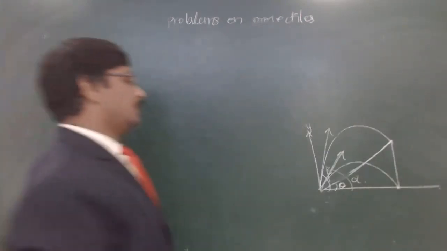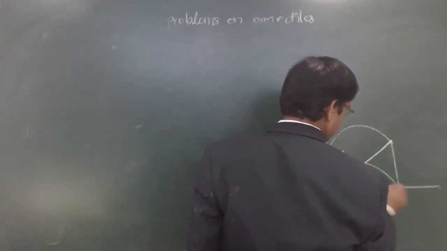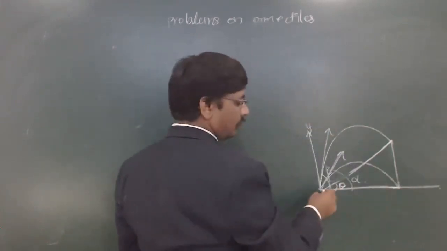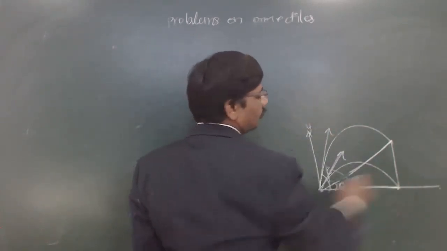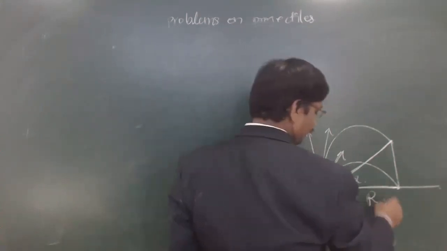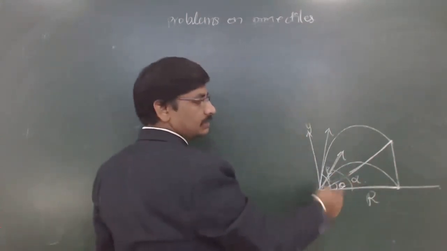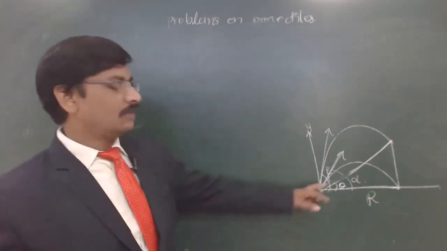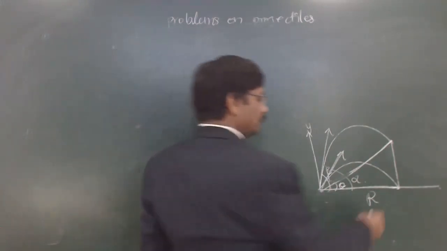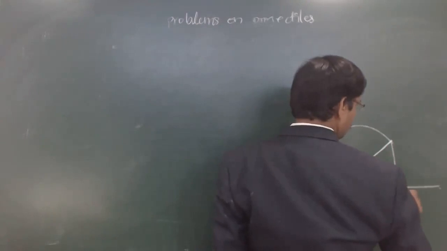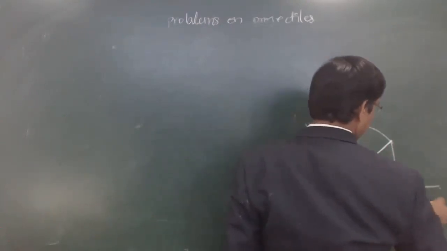So here, let us say this length, which is the distance from the projection to the foot of the tower, is r. Then from the initial projected angle of alpha, the range is u square sin 2 alpha by g.